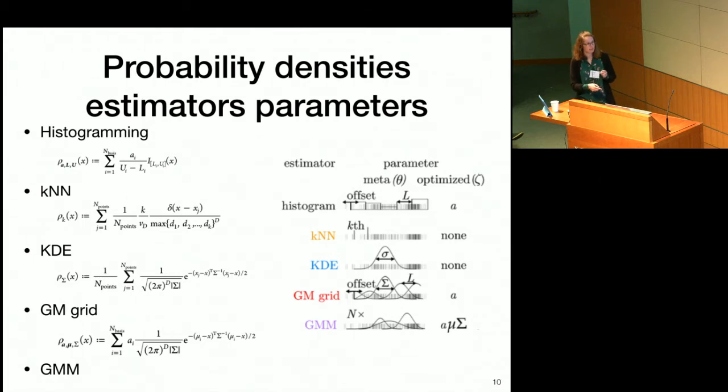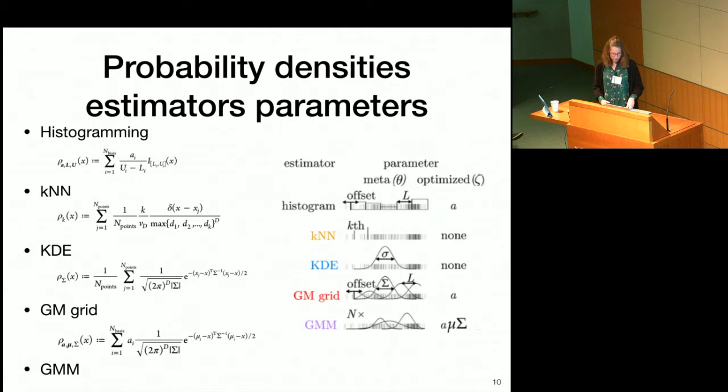And in Gaussian mixture models, it's the opposite, where the parameters that you're optimizing are the amplitudes, variance, and the place of the Gaussians, whereas you are varying over the number of Gaussians. So this is going to be a meta parameter that we need to find.